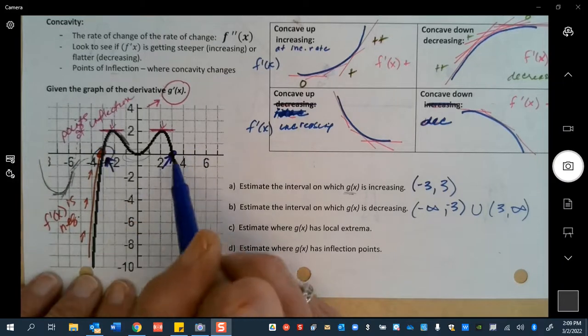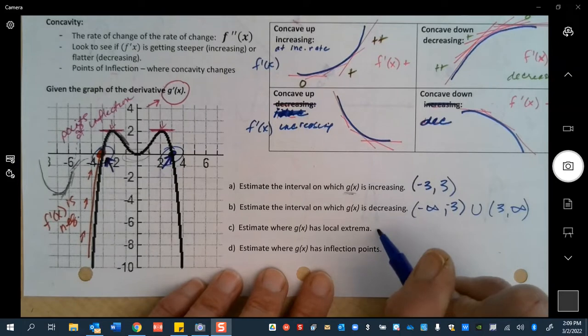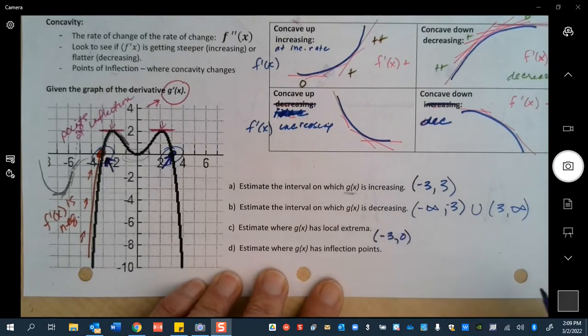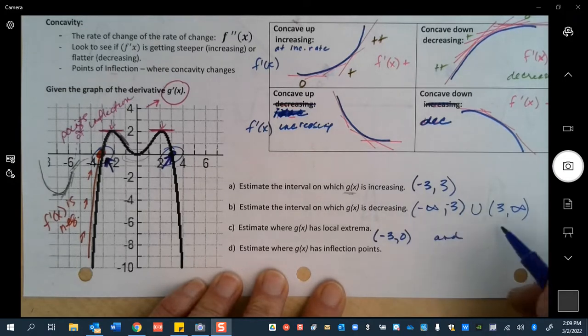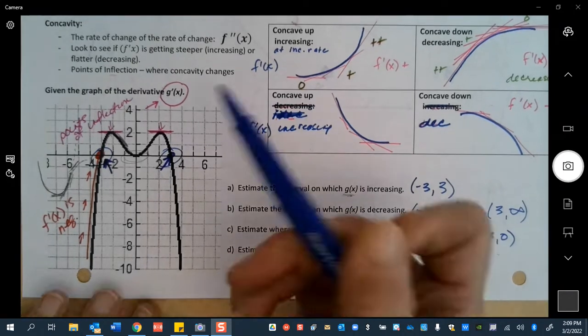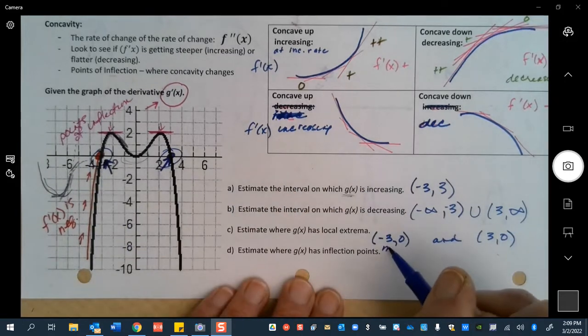Your local extrema is going to be at negative 3, 0 and at positive 3, 0. And since I have a negative to a positive, I know this one's a minimum.